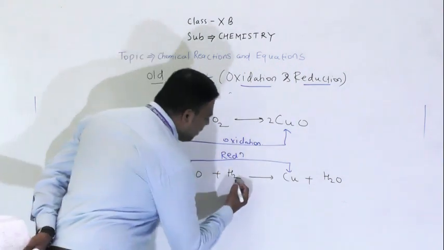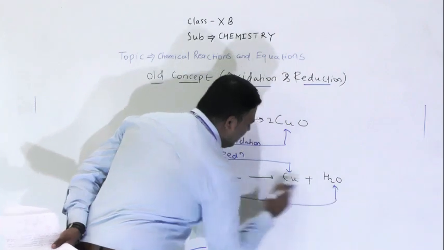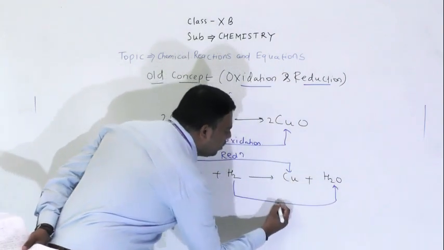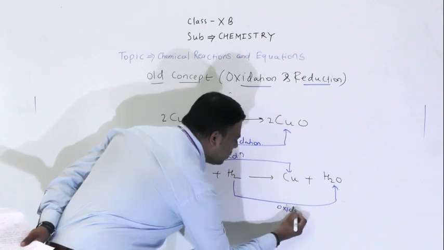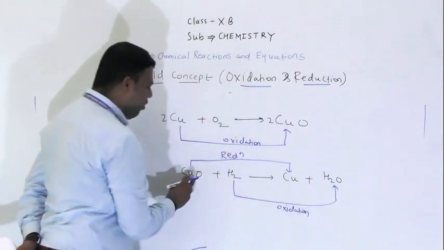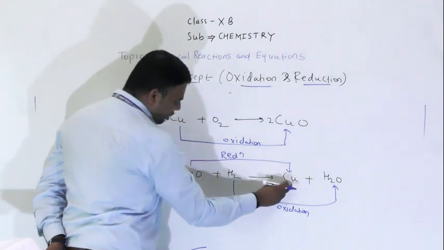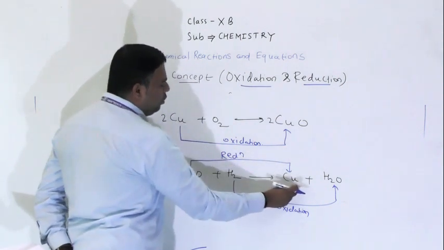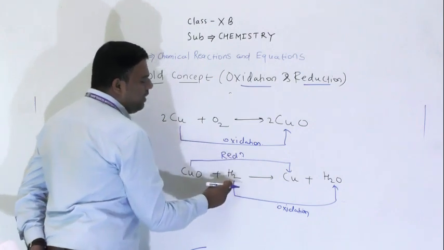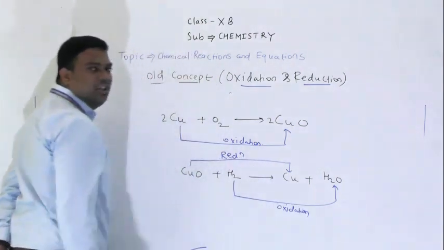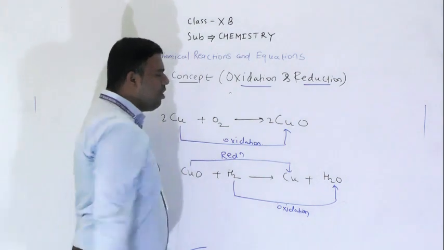So here it is reduction. Addition of oxygen means oxidation. And from CuO to Cu, removal of oxygen, so reduction. And H2 to H2O, addition of oxygen, so it is oxidation.